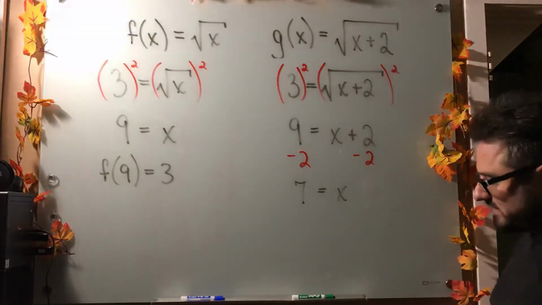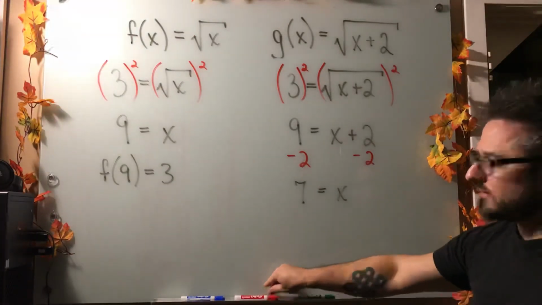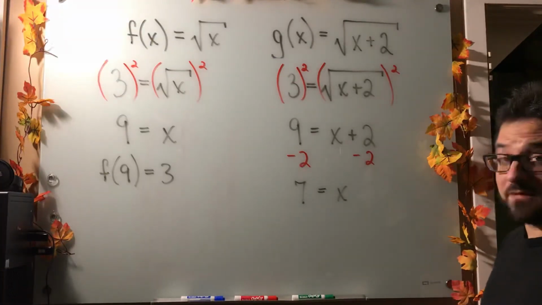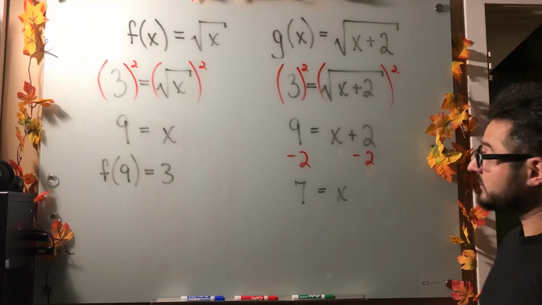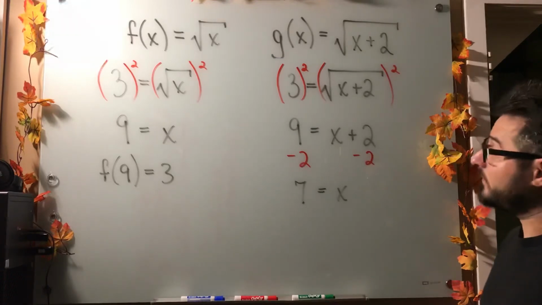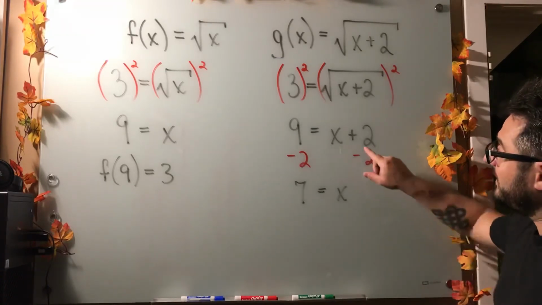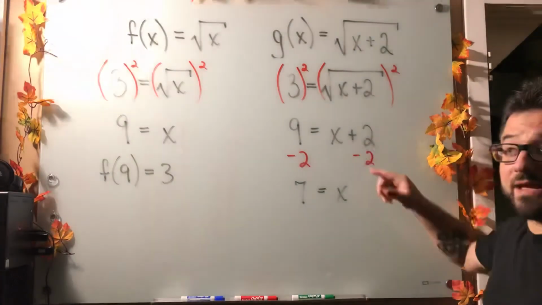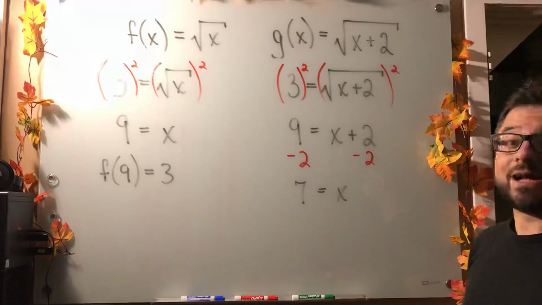Now here's the big difference between vertical and horizontal shifts, and as we'll see later, vertical and horizontal reflections and stretches as well. In the vertical shift, if there was a -3, we actually subtract 3.